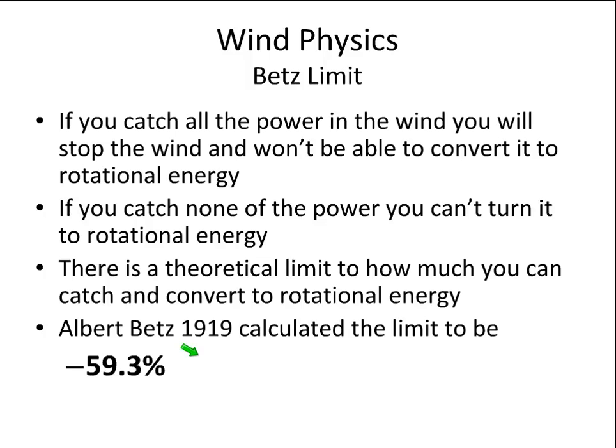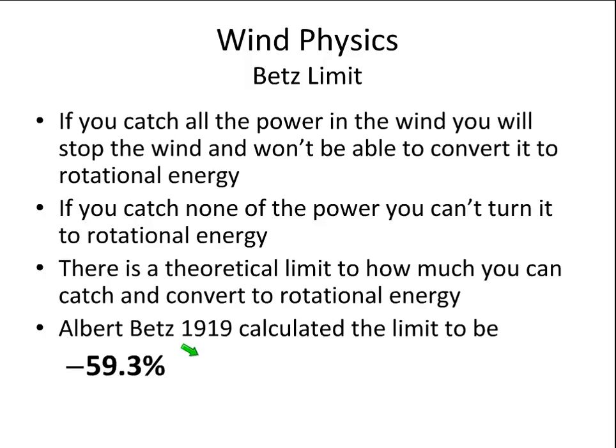What we're doing is taking energy that's movement in the air and turning that into rotational energy, and then in turn turning that rotational energy into electrical energy. Even on the rotational energy side, there's no way that we can catch more than about 60% of that. So Albert Betz in 1919 calculated that the limit is about 59.3%.